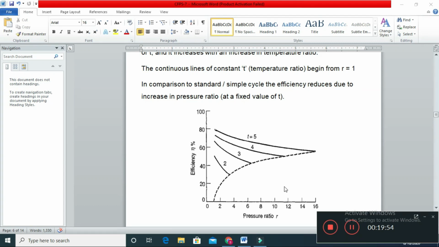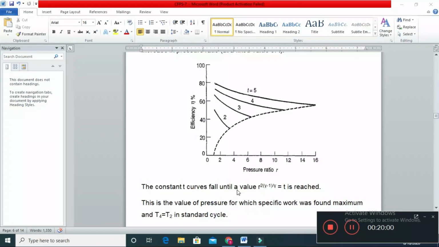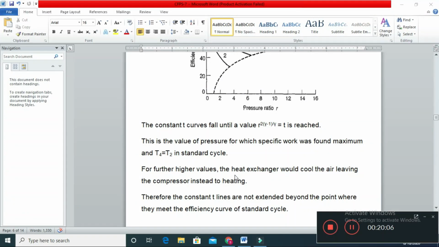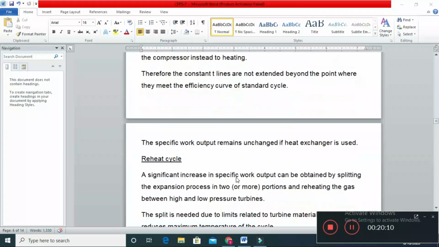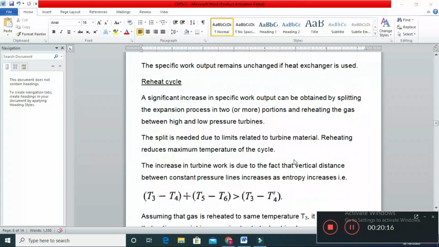So using heat exchanger in such cases will decrease the efficiency, and the efficiency will be lower than the standard cycle. So as mentioned, the specific work output remains unchanged if heat exchanger is used.